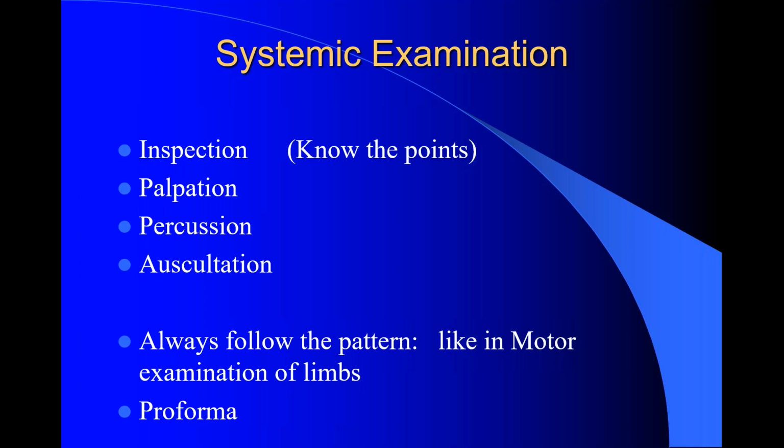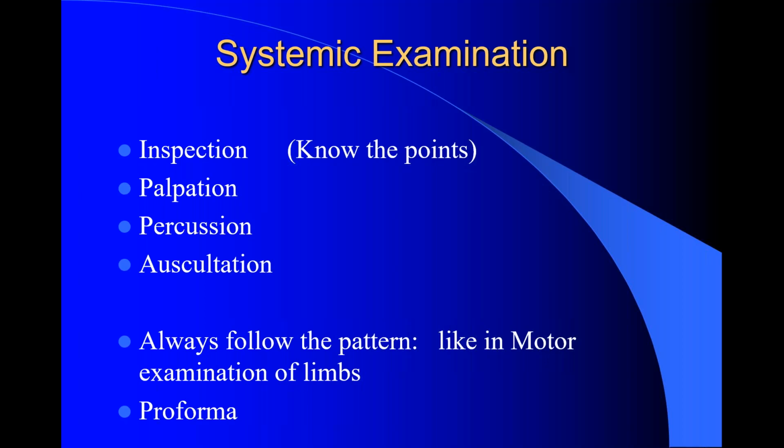Like in motor examination also of the CNS, you will see that it has a sequence. You make your proforma in your case sheet or notebook and follow that pattern. In examination also, if you get a CNS case, you may write these points in the initial 5 minutes so that you don't miss when you start examining.